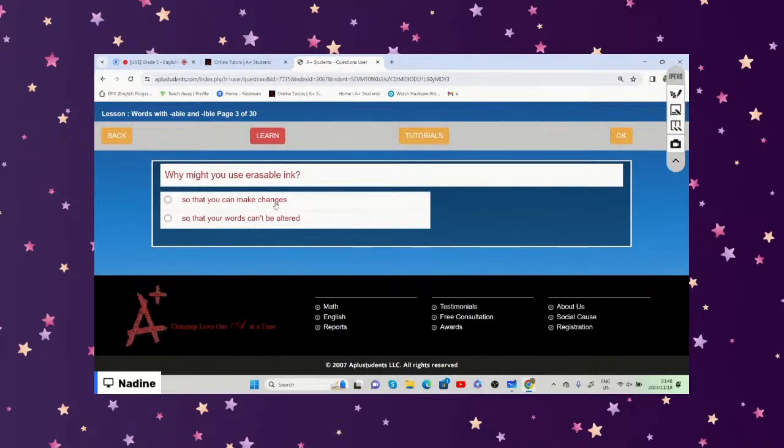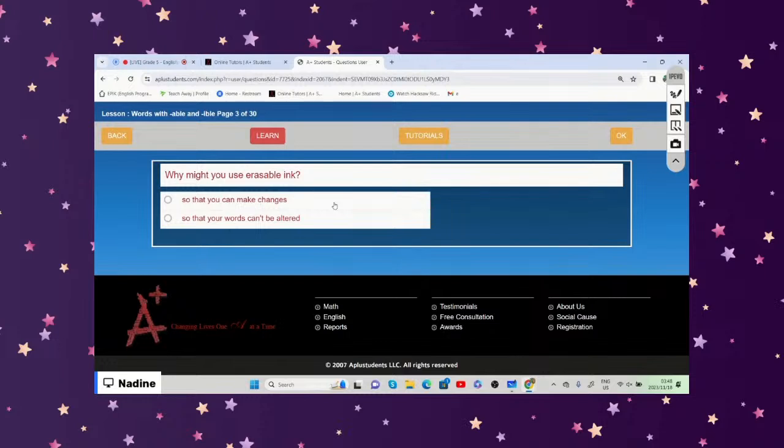And why might you use erasable ink? Is it so that you can make changes or so that your words can't be altered? You cannot alter it. You cannot change it. Why might you use erasable ink?